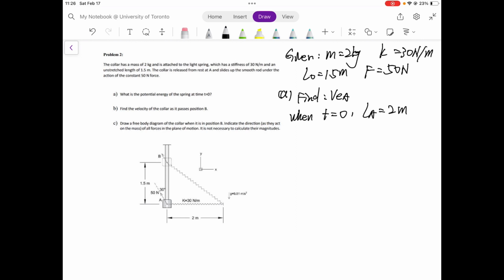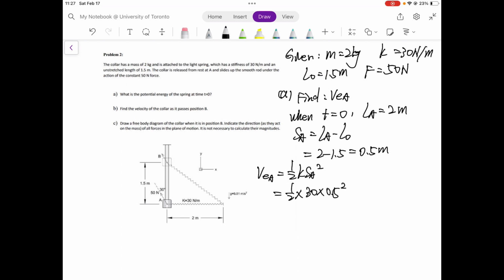Then the stretch is equal to LA minus L0, equal to 2 minus 1.5, which is equal to 0.5 meter. So VeA is equal to 1 over 2 k sA squared, which is equal to 30 times 0.5 squared, which is equal to 3.75 joule.